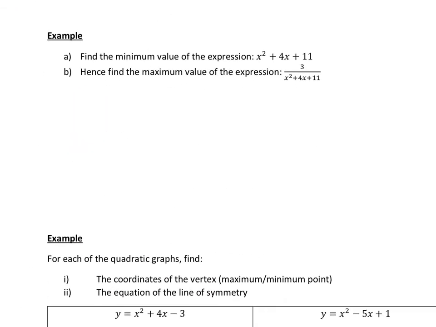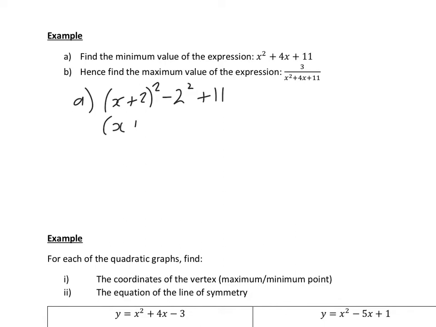The next application is the same thing. It's finding maximums and minimums. So find the minimum value of that expression. So let me just zoom in so you can see what I'm talking about. So to find minimums, I complete the square. So for A, I get x plus 2 squared minus 2 squared plus 11.